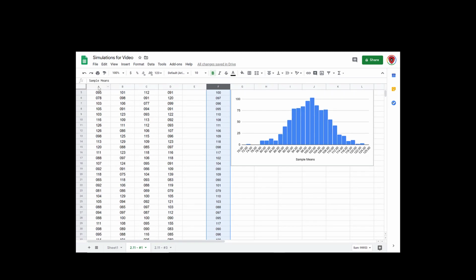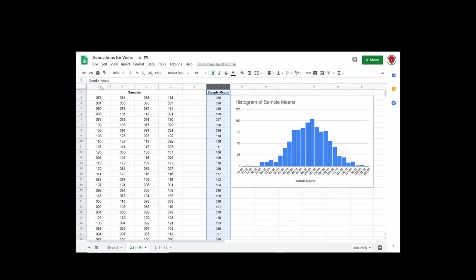All I've done here is simply taken what we've done before using just one column, and I've expanded that out to extend across 4 columns, and then I've taken the mean of those 4 columns to generate the sample mean set. So the histogram here shows that this is approximately normally distributed across the sample means.